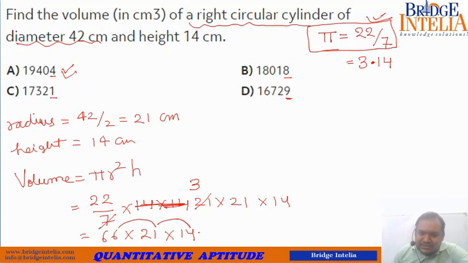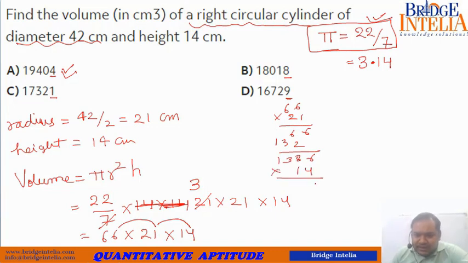So 66 into 21: 6 sixes are 36, so 1386. Then 1386 into 14: 6 fours are 24, carry over 2; 8 fours are 32, 34, carry over 3; 3 fours are 12, 15, carry over 1; so 5, and 1. So we get 1 5 5 4 4 and then 1 3 8 6, so 4 0 4 9 1... yeah, this is the correct answer.